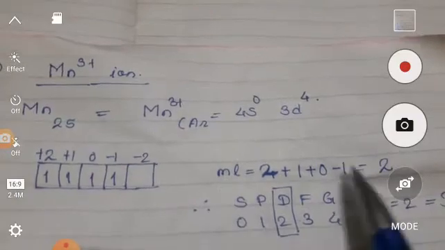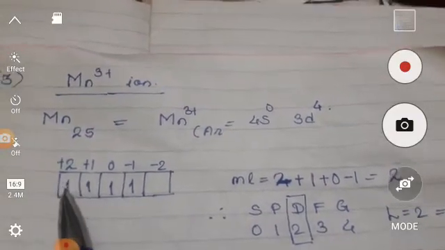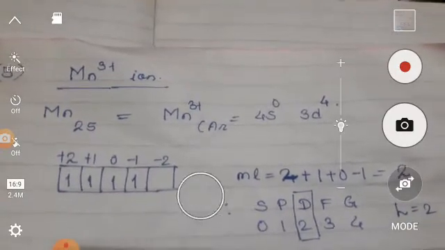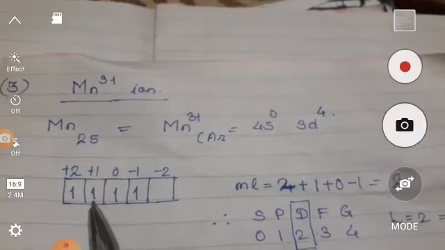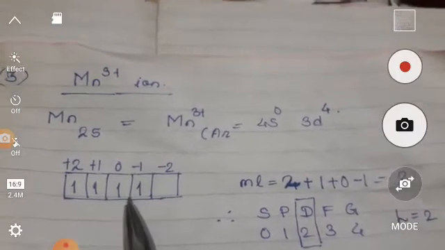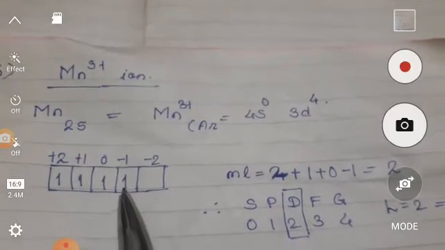So ML is equal to 2. And MS: the first electron shows +1/2 spin, this one also shows +1/2 spin, this one also shows +1/2, and the last one also shows +1/2 positive spin.